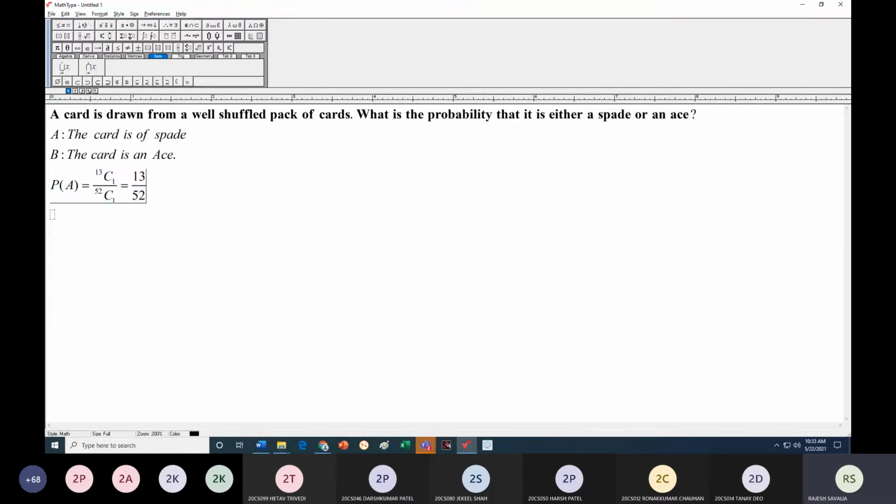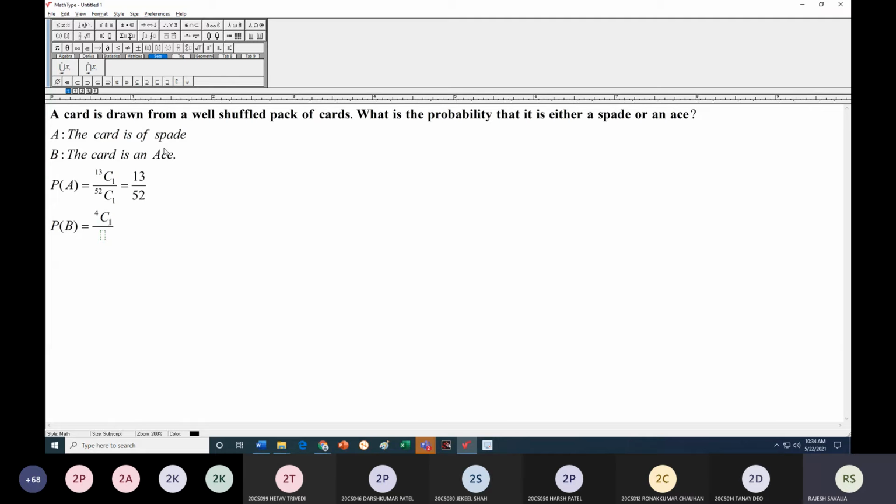Okay. Next, probability of B. What is B? The card is an ace. So how many aces are there in a pack of cards? Four. So the number of desired outcomes can be one of the 4 aces. Is it okay?